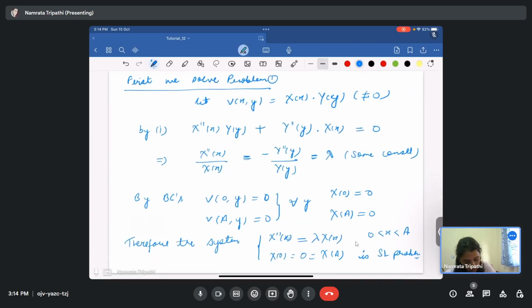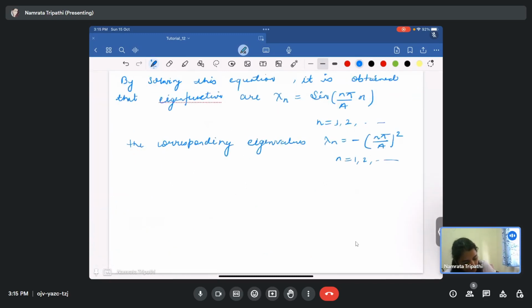Okay, now with the help of lambda n we can write the problem for y_n.